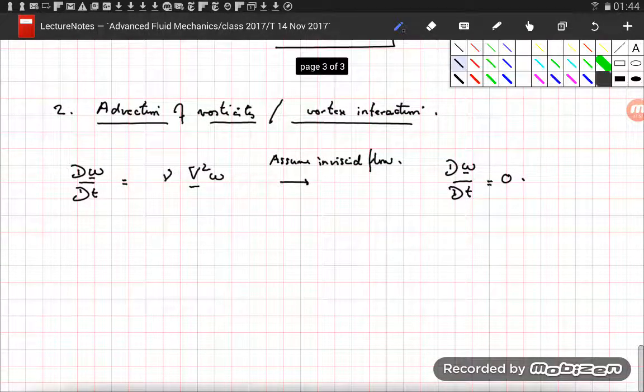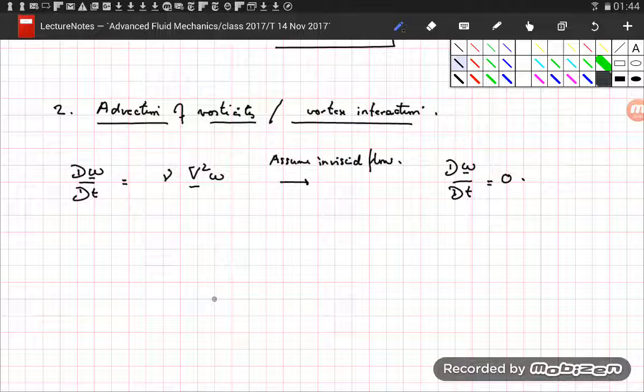So if I'm assuming the flow to be inviscid and I have just one single irrotational vortex, let's start with the same irrotational vortex as before. Let me now put my origin here. This is x, this is y. Let's say the center of my irrotational vortex is at the point x naught, y. So this here is x naught, and this here is y.